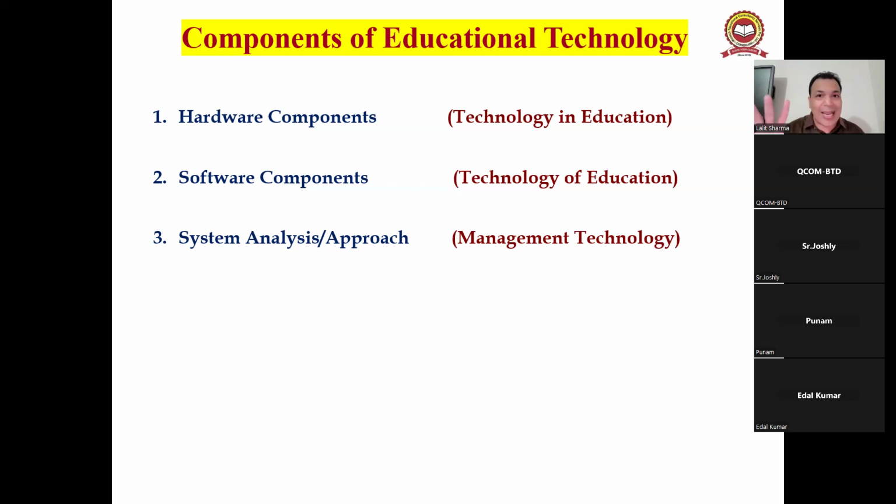Let me make it simple for you. Hardware means the tangible things. You can touch it: charts, graphics, audio, video. This is called the hardware component, technology in education. Software component is technology of education. You can't touch it. Here we are talking about different types of methods, how we have to deliver the content to the student, different strategies, teaching methods.